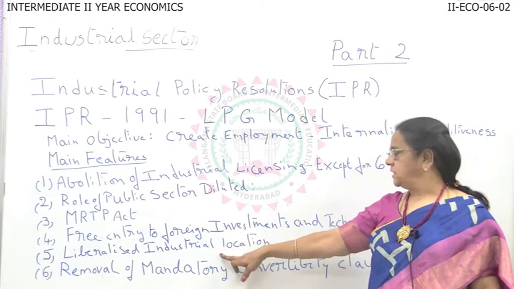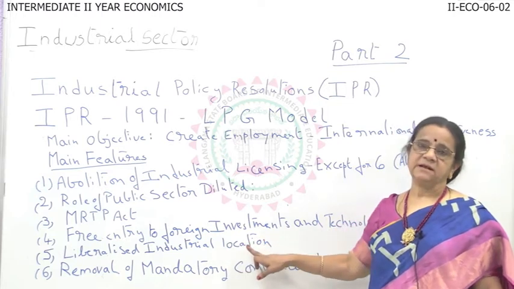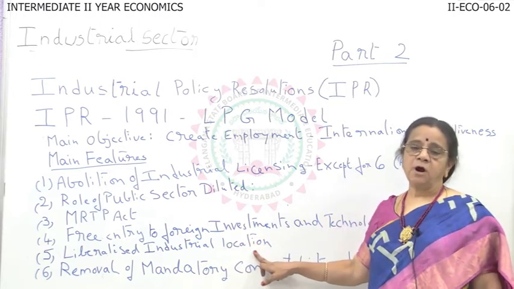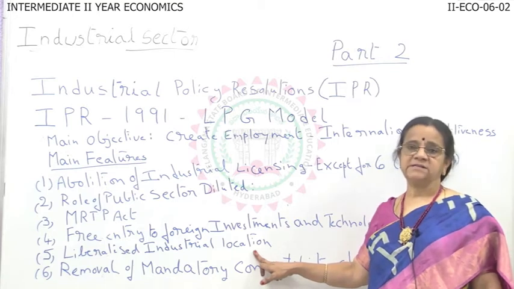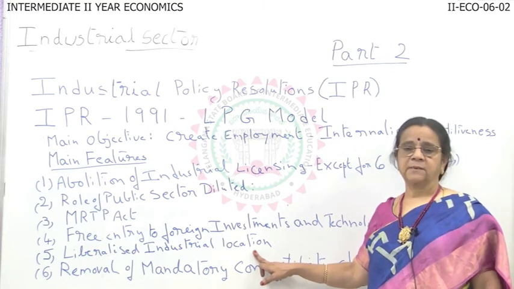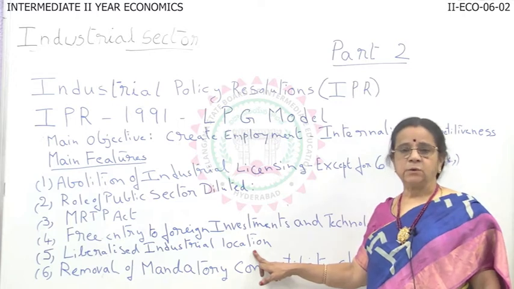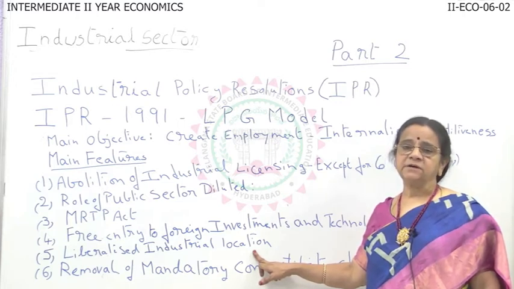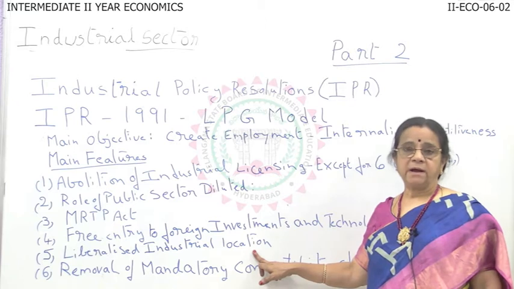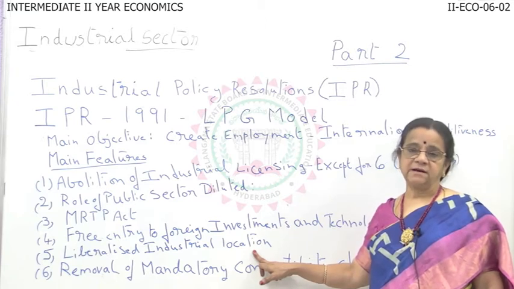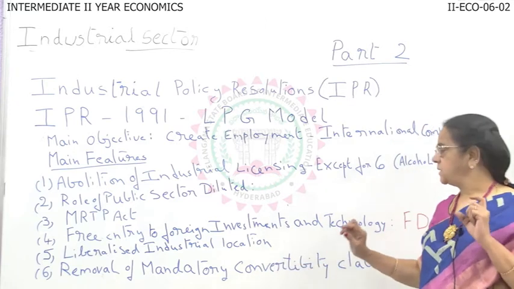So, industrial location has become very easy if they do not fall under strategic industry. The units can be located in any part of the country provided the population of that area is below 1 million.